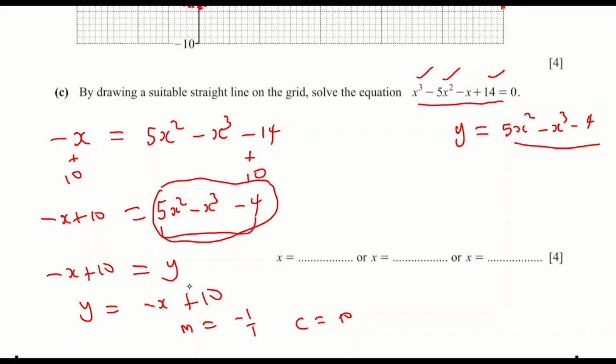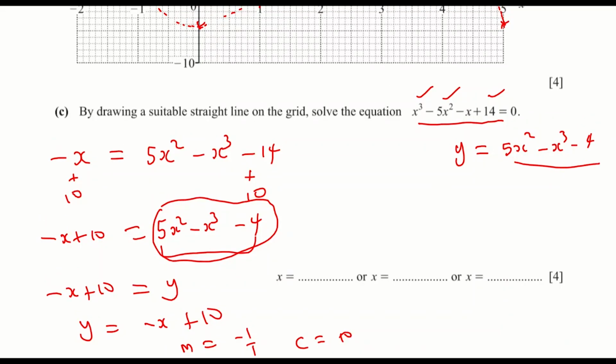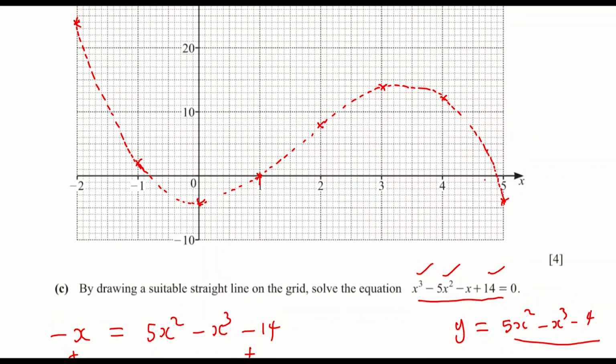So we need to draw this line on the grid where the gradient is minus 1 and the intercept on the y-axis is 10. Where the straight line and the curve intersect will be the solution. Okay, so let's draw the line y equals minus x plus 10.